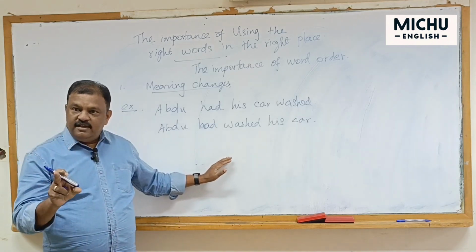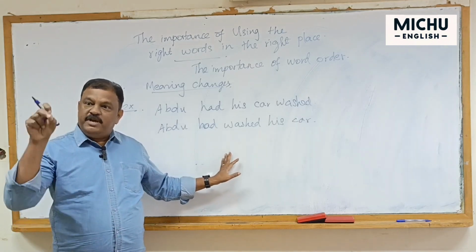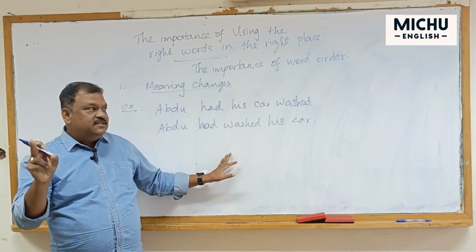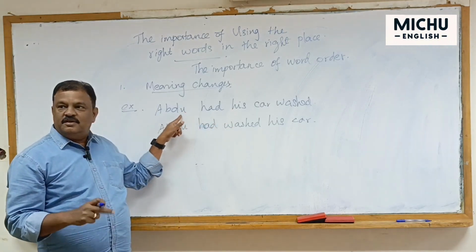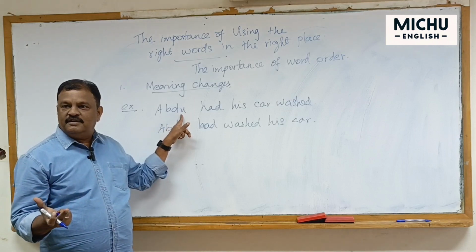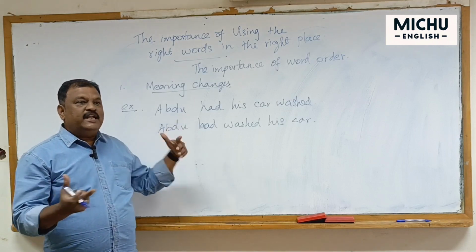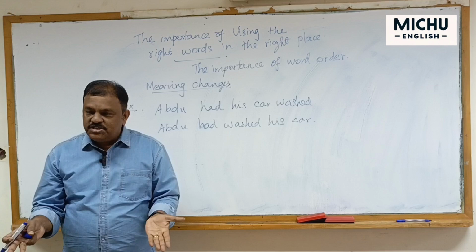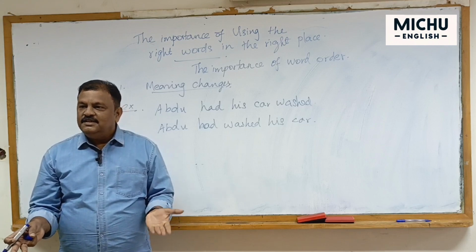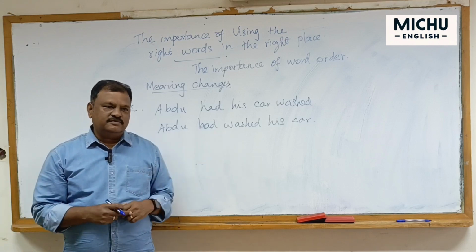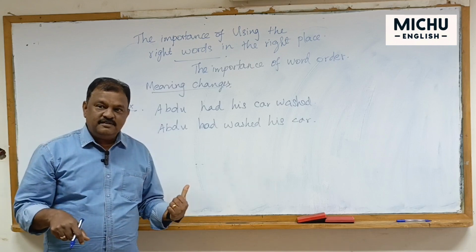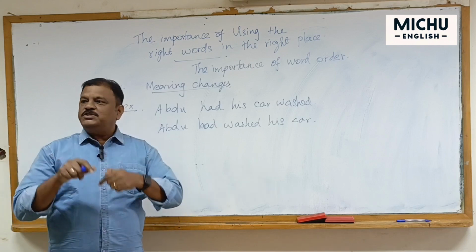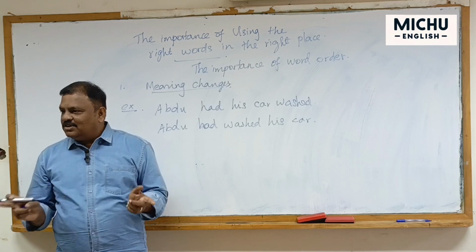If you use the first sentence, it will naturally mean that you did not wash, but somebody else washed your car. But you actually wanted to say you washed your car. You got the point?